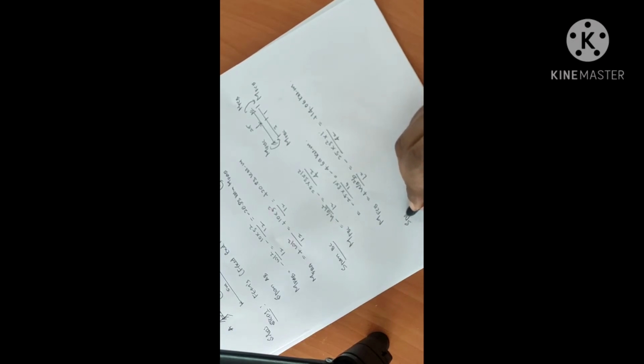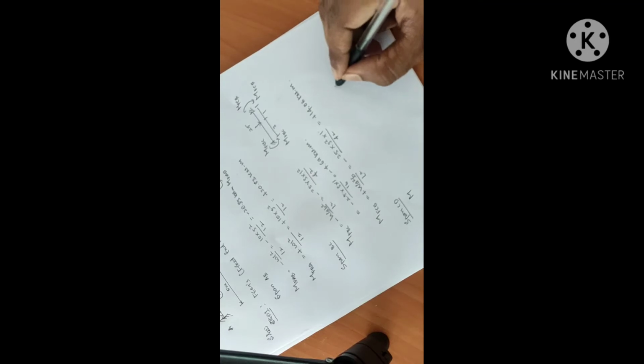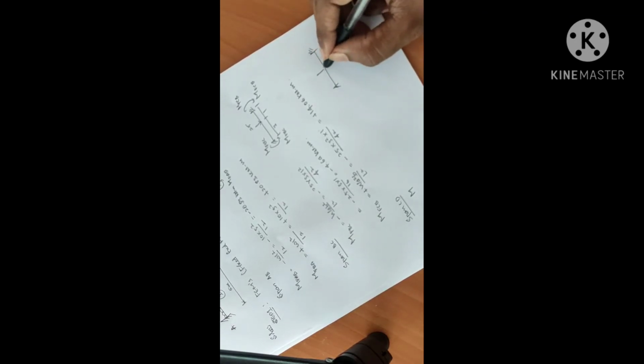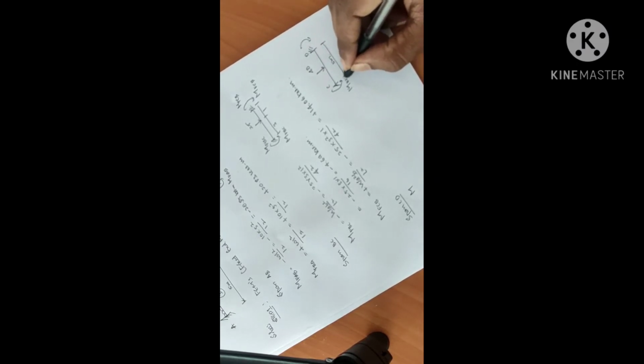Similarly go for span CD. Span CD has a symmetric point load exactly at the center, which is 40. The span is 5 meters. So this is MFCD and this will be MFDC.